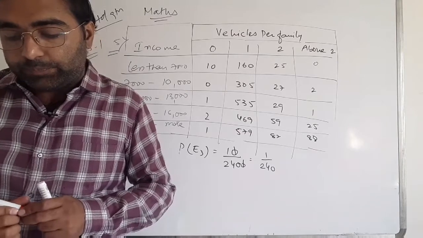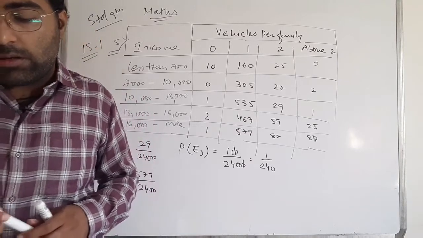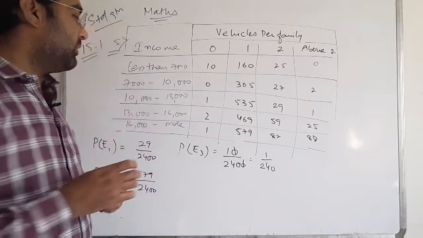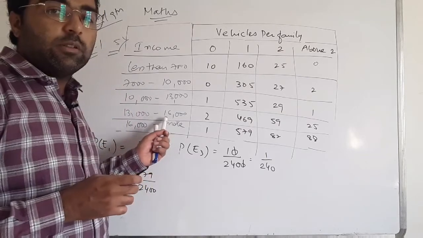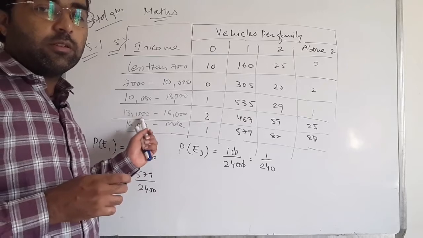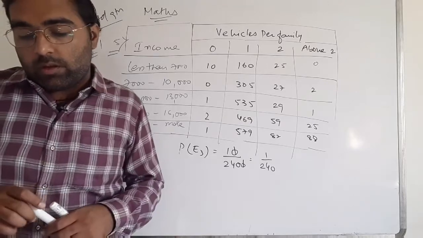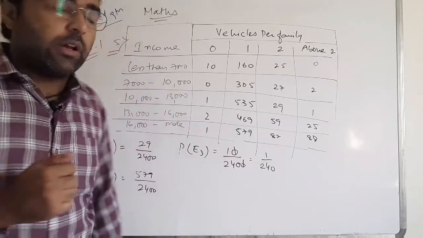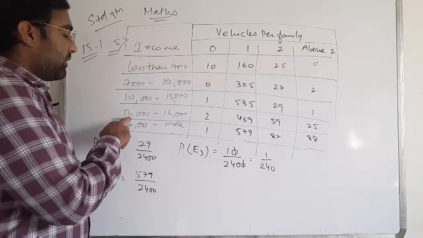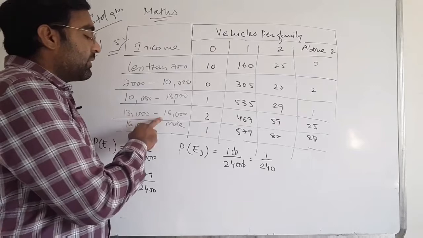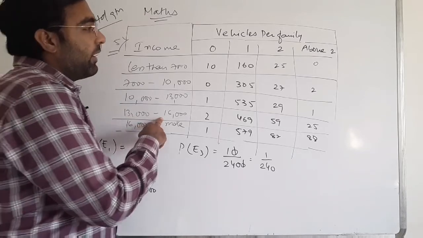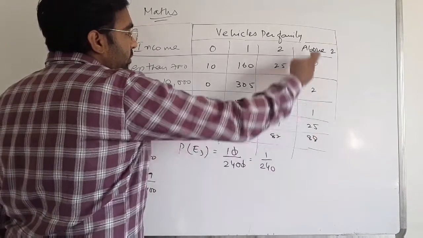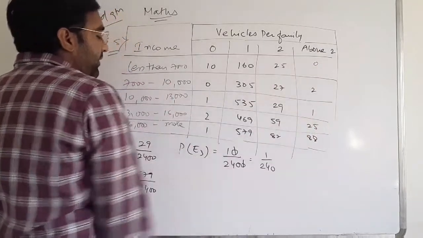And the fourth one, earning 13,000 to 16,000, from the second last row, and owning more than two vehicles. That is 25 families.